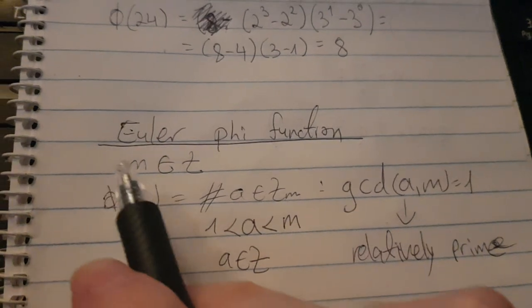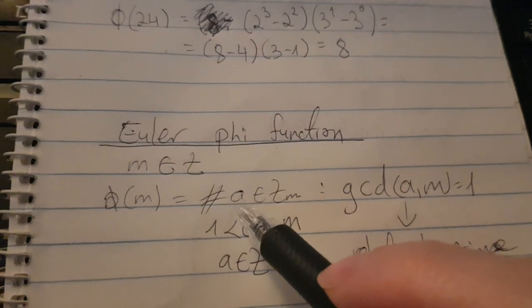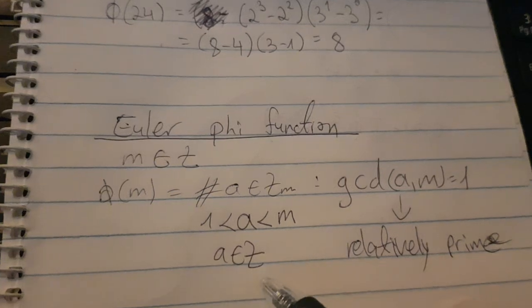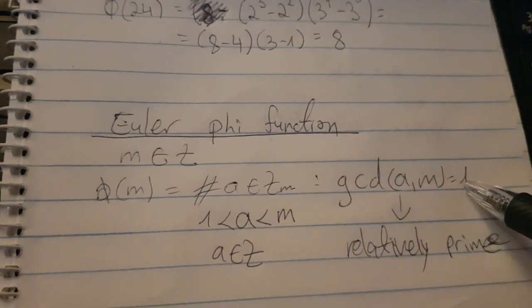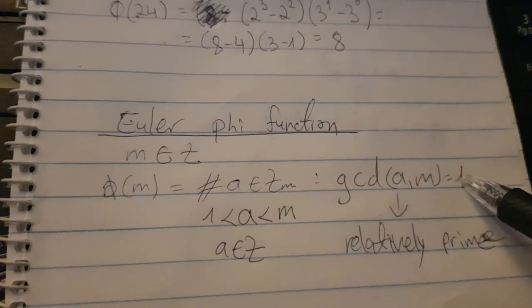The Euler phi function of m is the number of integers a between 1 and m such that the GCD of a and m is 1.